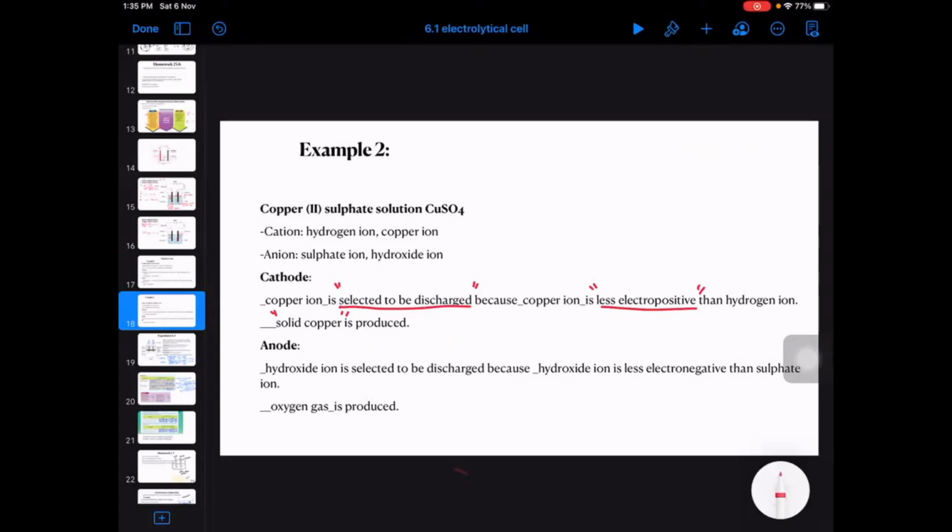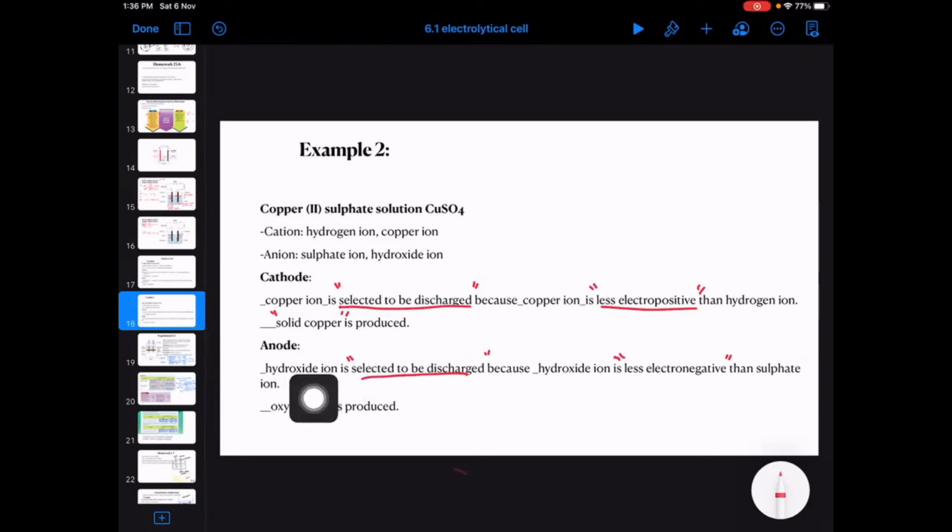Now the anode is also the same. You explain hydroxide ion is selected to be discharged, and then explain why, because it's less electronegative. The word electropositive is for a positive ion, and electronegative is for a negative ion.